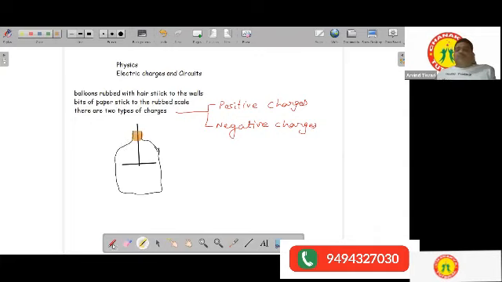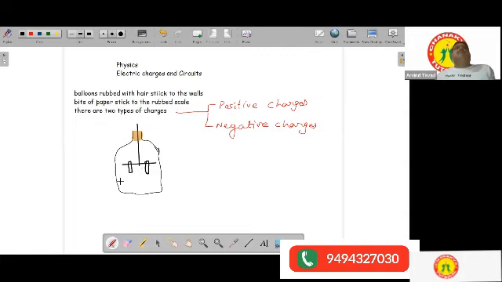Now you need to hang two blades. You need to hang one blade over here and another blade over here. Why we use blades is that blades are good conductors of electricity.